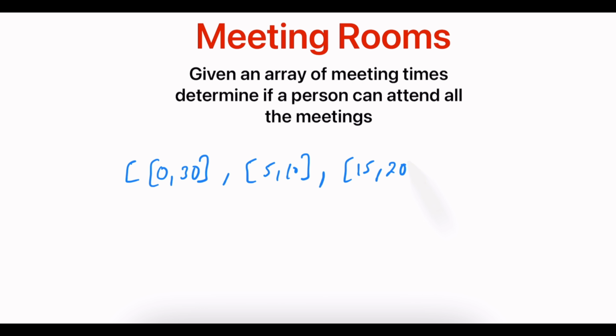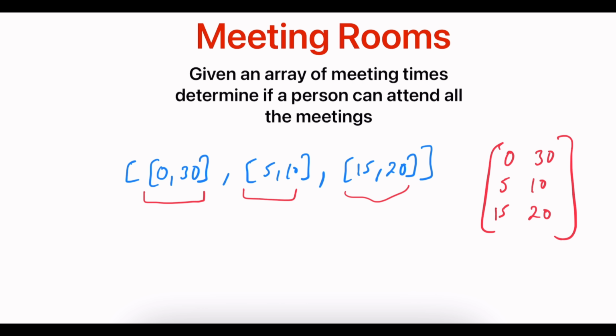As you can see, it's a 2D array, and the first element in this 2D array is of size 2, and the second and third elements are also of size 2. So in this 2D array, the number of columns is going to be equal to 2, and there can be any number of rows, and the first column is the start time and the second column is the end time.